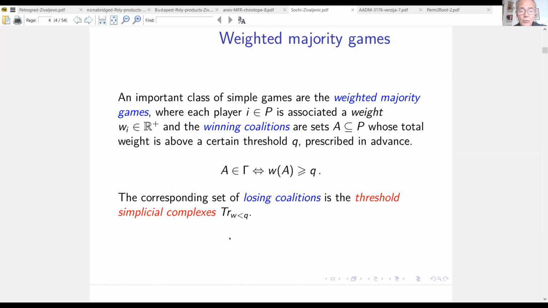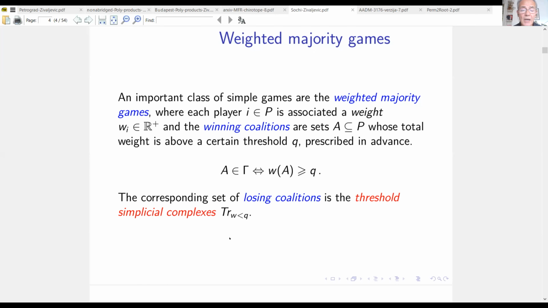I will mention two or three or four main classes of simple games. First of all, weighted majority games. In these games, each player is associated a weight, a certain positive number. And there is also a number Q called a quota, a threshold.